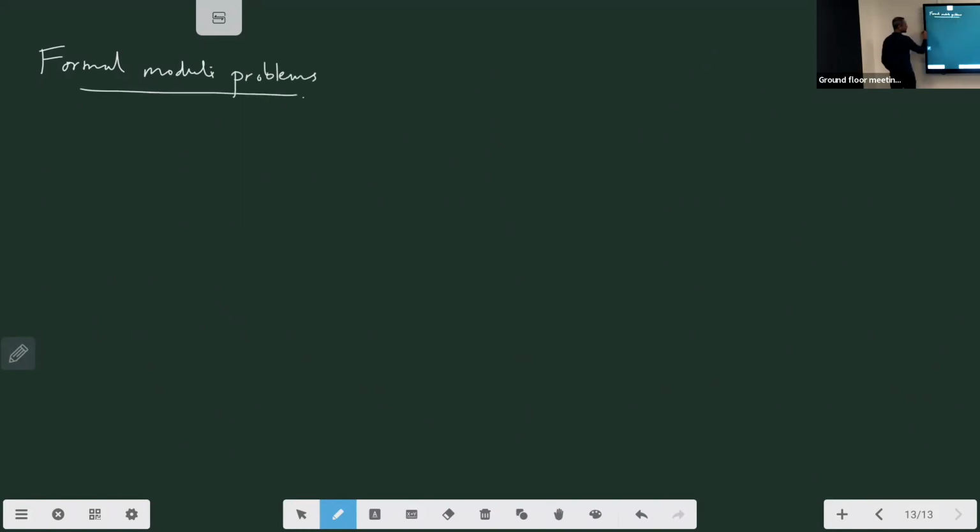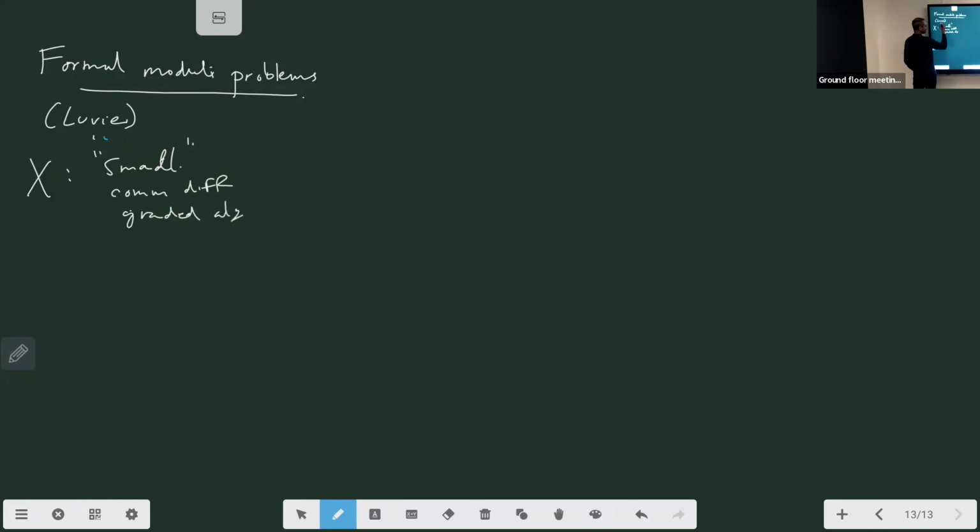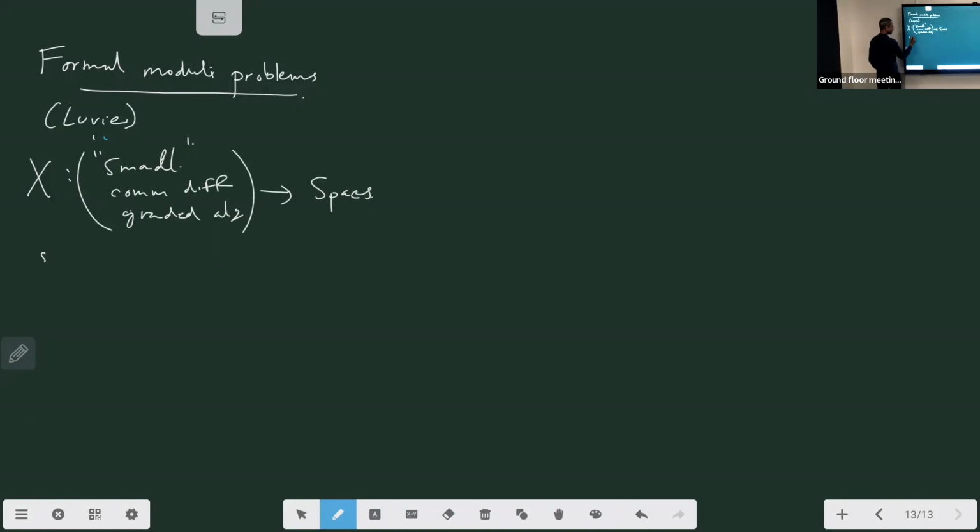So this definition I'm giving is formal moduli problems. These are functors X from small commutative differential graded algebras, again, it's some analog of the previous definition, like with finite dimensional cohomology groups and a unique maximal ideal, which are automatically augmented, to spaces, such that X of a point, X of k, is contractible.